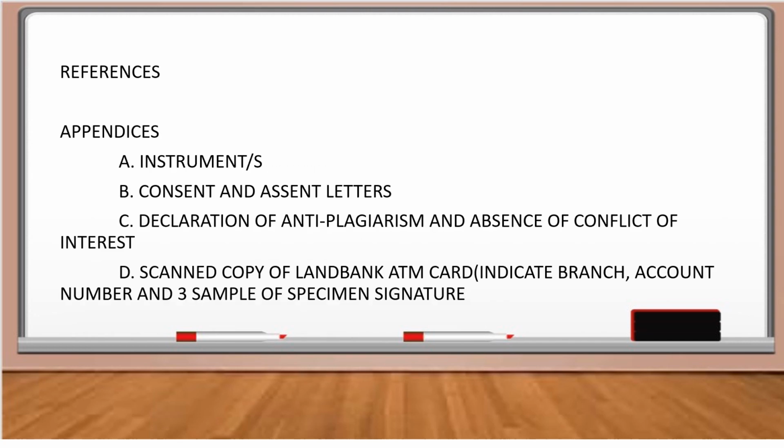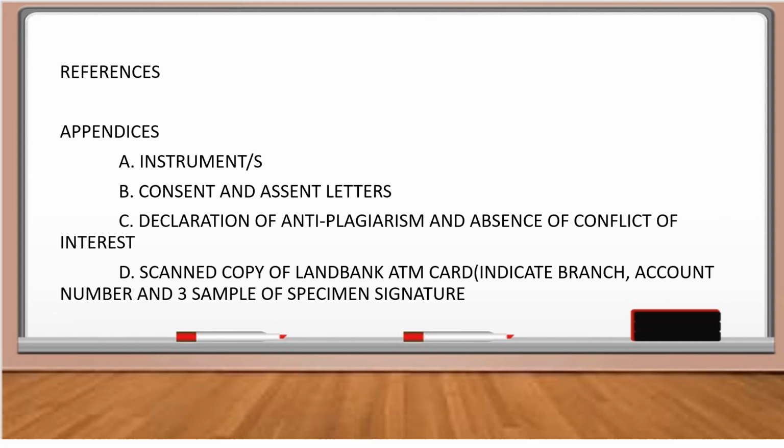We have also the references, appendices. Under this, you must include your instrument or instruments, consent and assent letters, declaration of anti-plagiarism and absence of conflict of interest, scanned copy of Land Bank ATM card, indicate the branch, account number, entry sample of specimen signature.